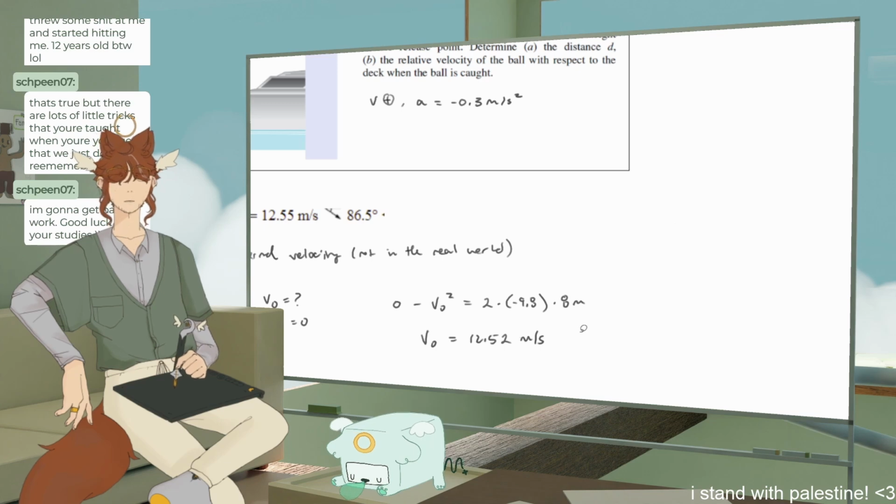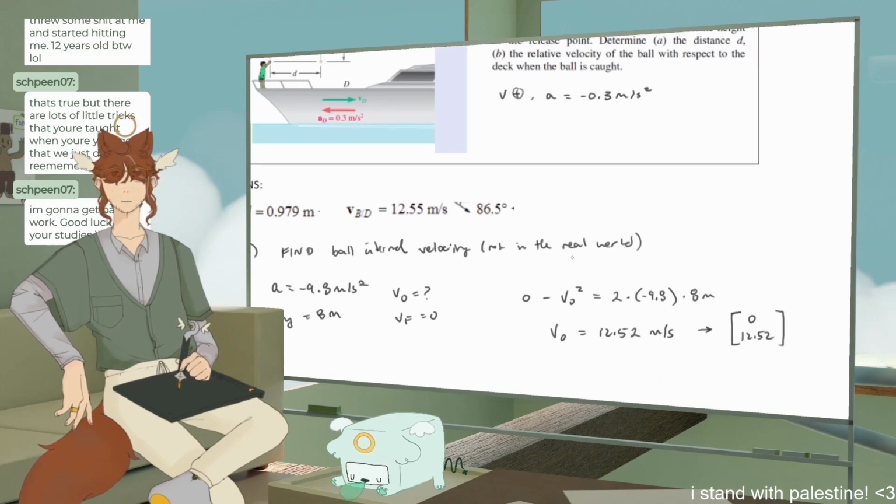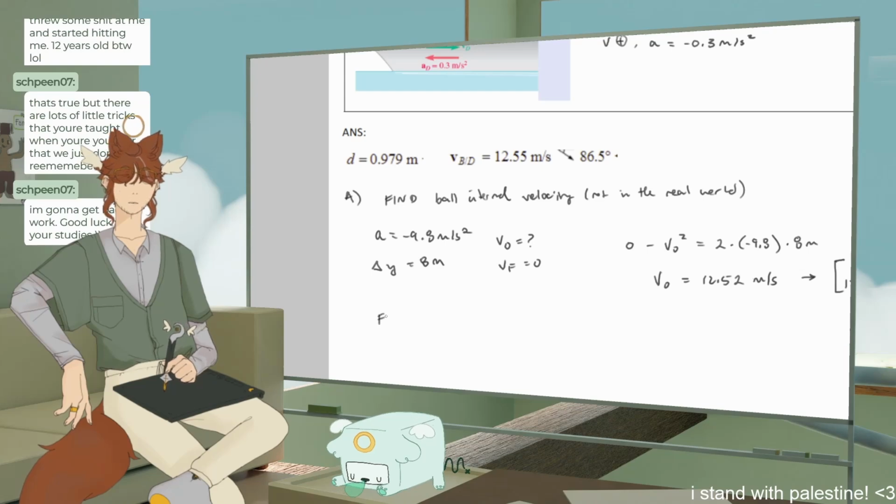This is straight up, so it's 0, 12.52. Oh, so we might have to do a system of equations. The reason we get a trajectory at all is because of the movement of the ship. So find, like, real ship speed?